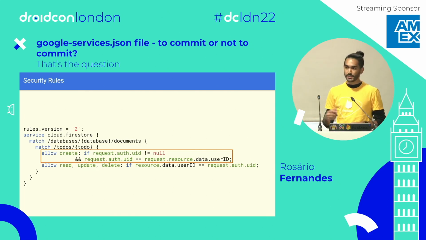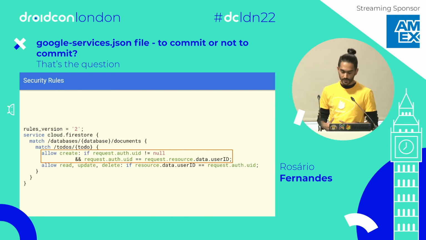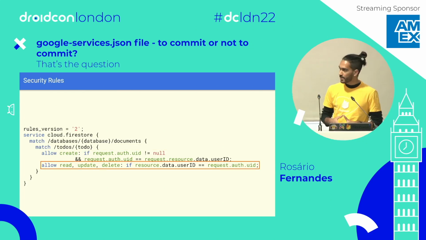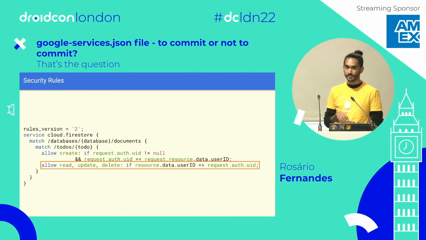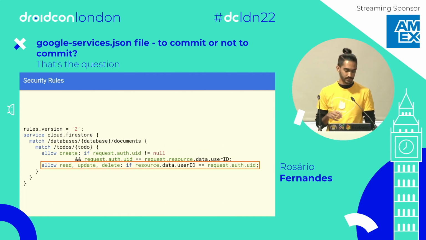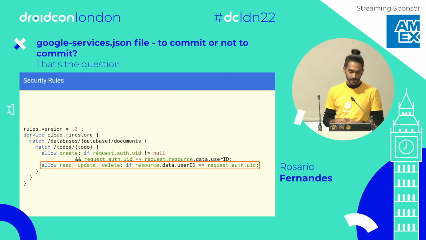And I want to make sure that they only create it if their user ID matches the user ID that has been authenticated. And for read, I'm just making sure that they're reading their own to-dos. So I apply the same rule for read, update, and delete.